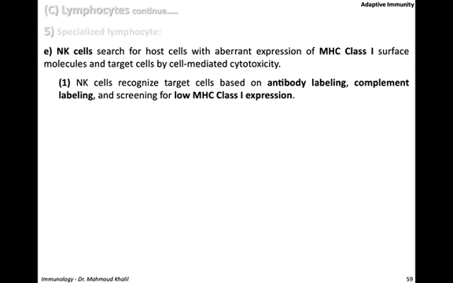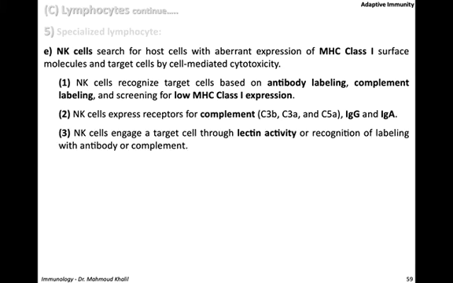So the NK cell recognizes the target cell based on antibody labeling, complement labeling, and screening for low MHC class 1 expression. So even if it's not abnormal, if a normal cell expresses a very low frequency of this type of molecule. Of course, the NK cell expresses receptors for complement like C3b, C3a, C5a, and also for IgA and IgG.